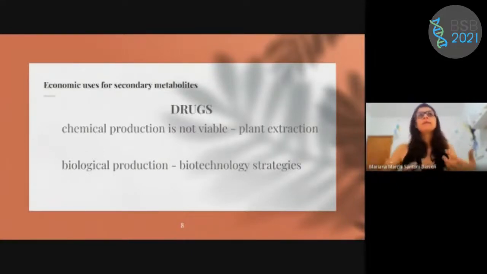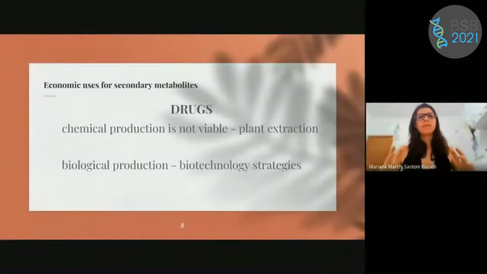Once you identify these genes, it's possible to replicate the biosynthetic pathway in a model organism to produce the secondary metabolites, such as Saccharomyces cerevisiae.